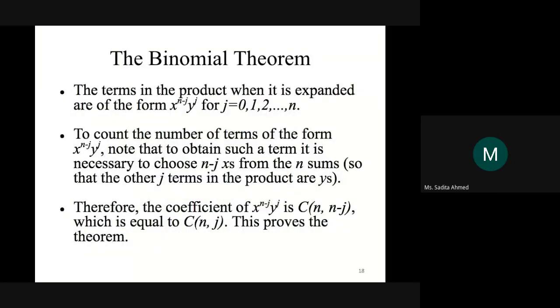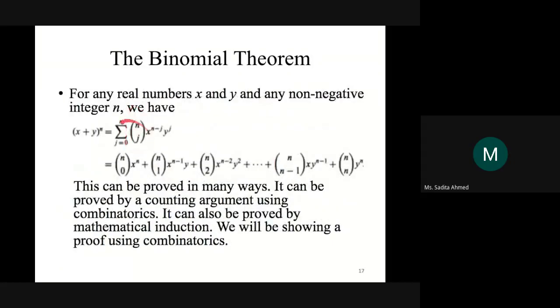That's all. That is the reason the coefficients can be represented using combination. That's how it makes sense. Because every single time you choose these x and y, you can think of it using combinatorics, using a counting argument.